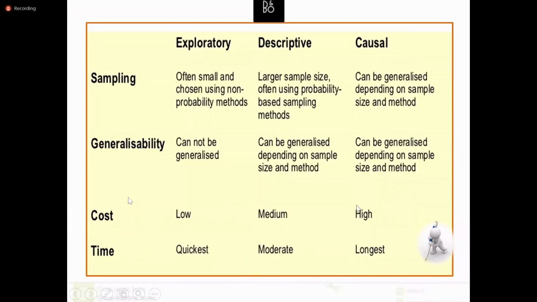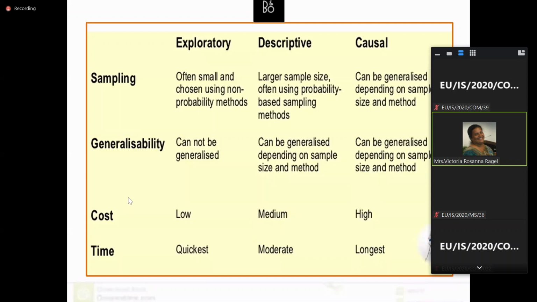Cost here is low, medium, and high, and time also. Exploratory need not be the quickest one, but since we are dealing with a smaller population or smaller sample, it would be possible for us to arrive at a particular conclusion.